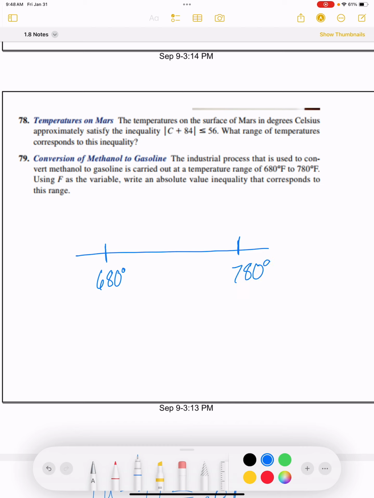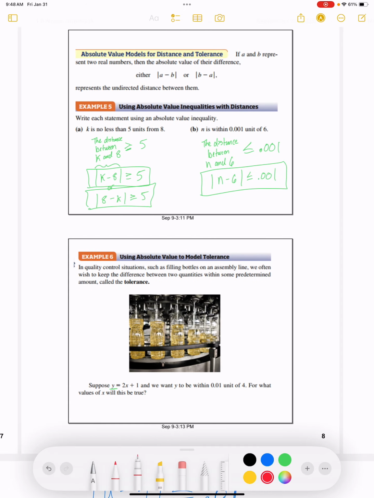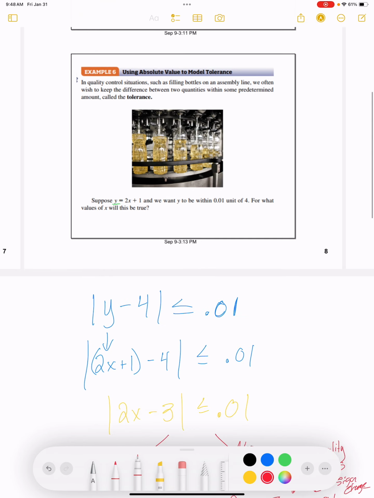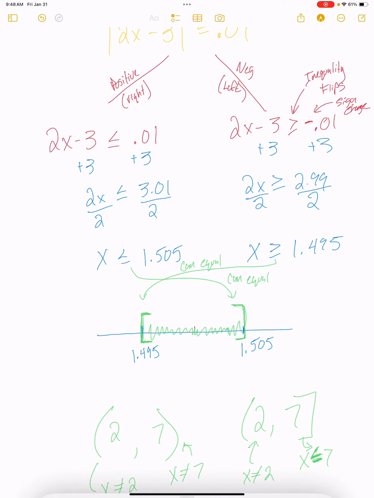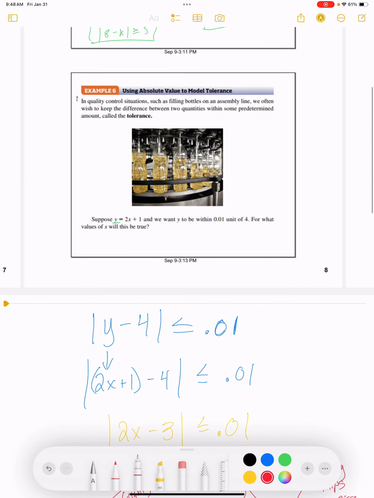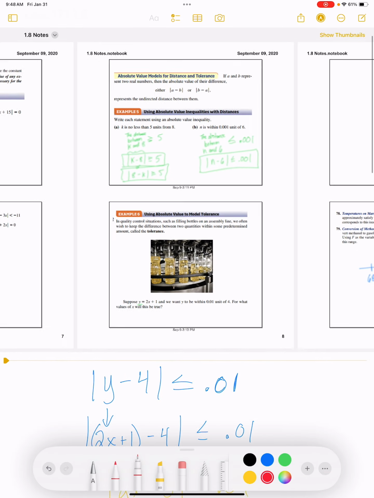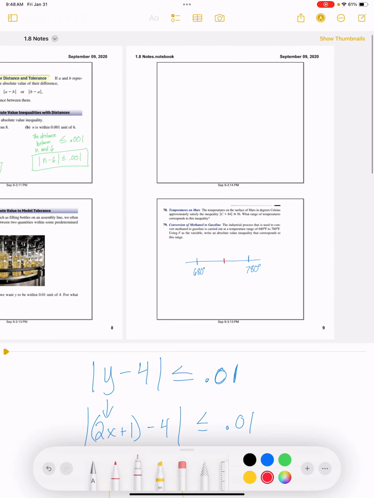Now, we're always going some distance from the center of it. So you need that center point. If you notice on all the ones we've done, if you were in class and you look on the number line, we're moving always from the center outward, because that tolerance is within some amount.